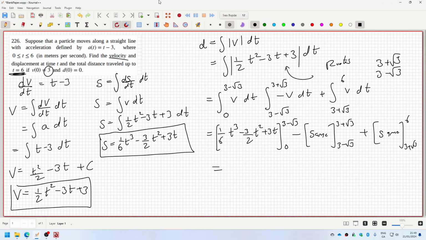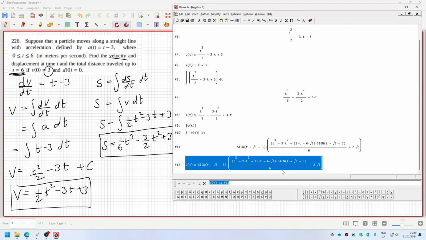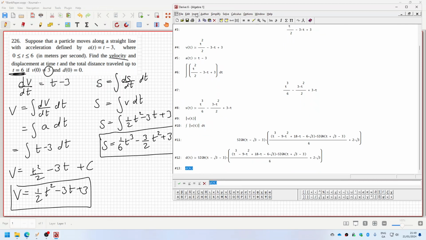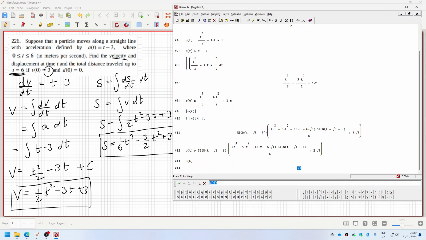Now, oh sorry, my calculator gave me an answer here of 6.93 meters. So let's see. Root 6. Root 3.